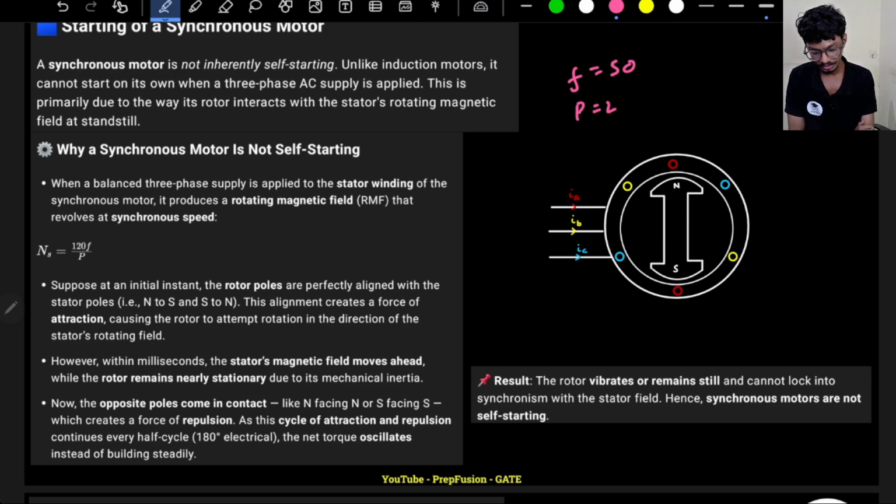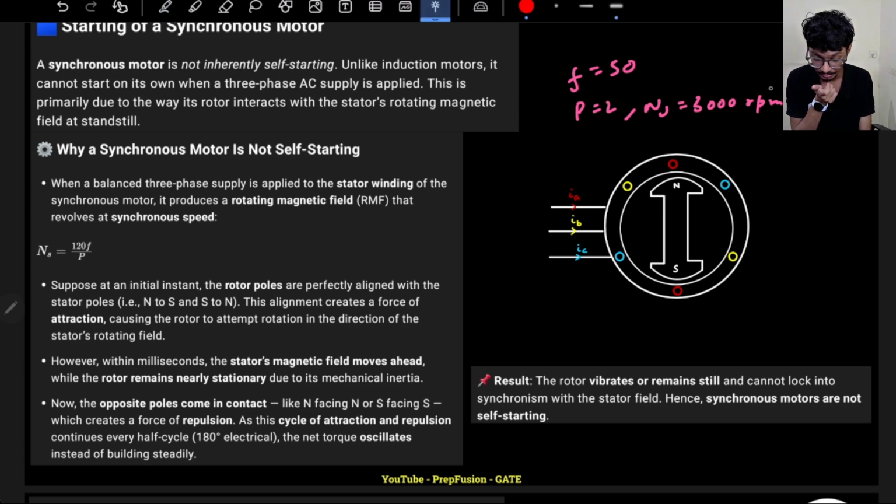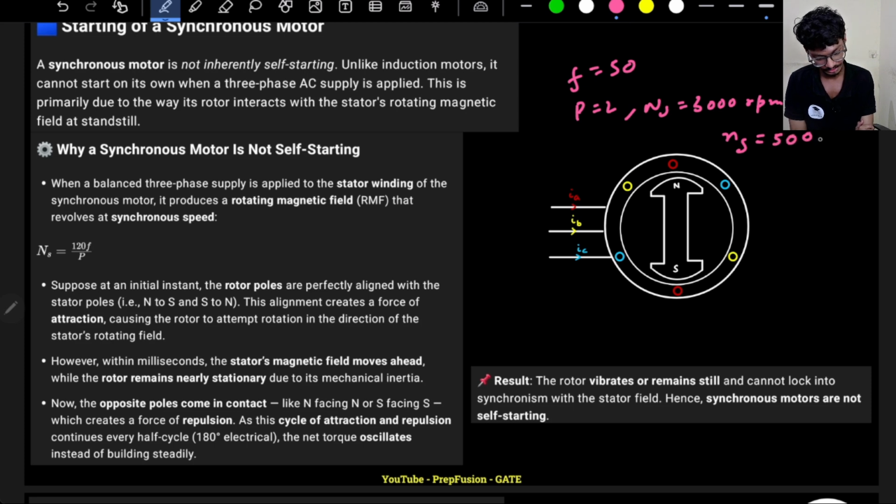Then my Ns will be 3000 rpm, that many revolutions per minute. What is the revolution per second? Ns divided by 60. Per minute it is doing 3000, divided by 60 gives 50. So it is doing 50 revolutions per second.